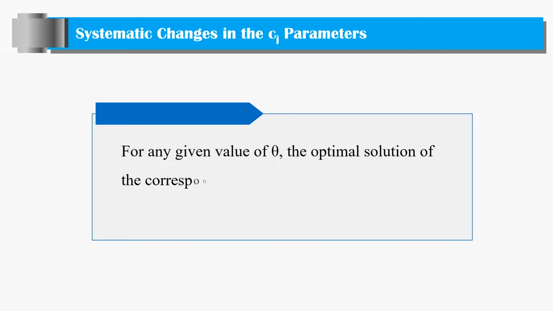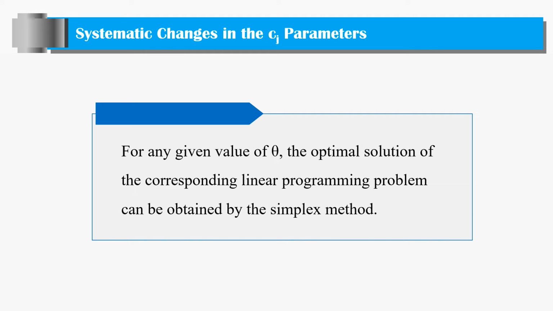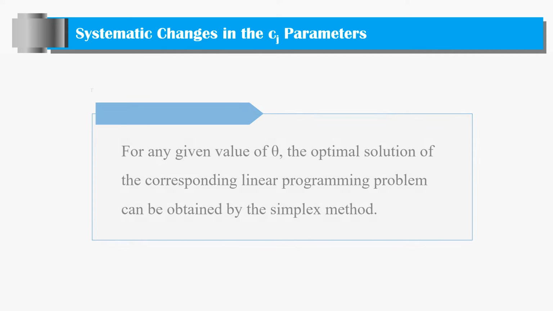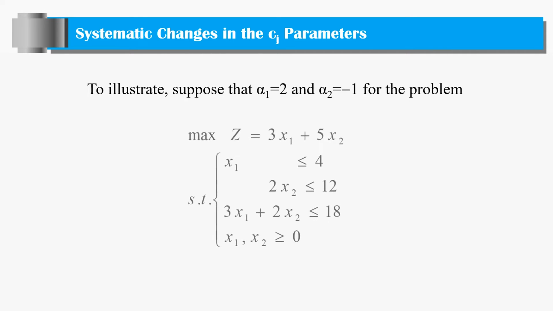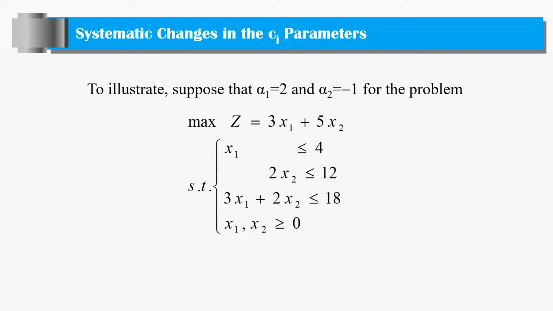For any given value of theta, the optimal solution of the corresponding linear programming problem can be obtained by the simplex method. To illustrate, suppose that alpha 1 equals 2 and alpha 2 equals -1 for this problem. Then we have our objective function Z equals 3 plus 2 theta x1 plus 5 minus theta x2.